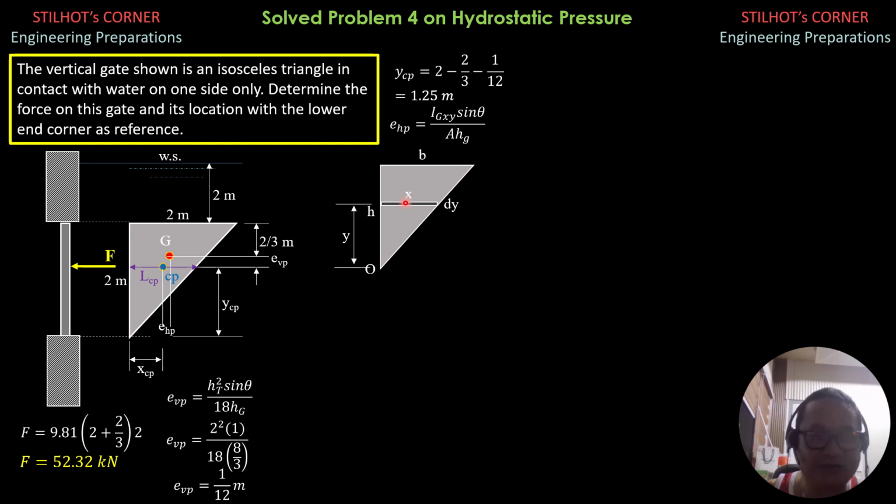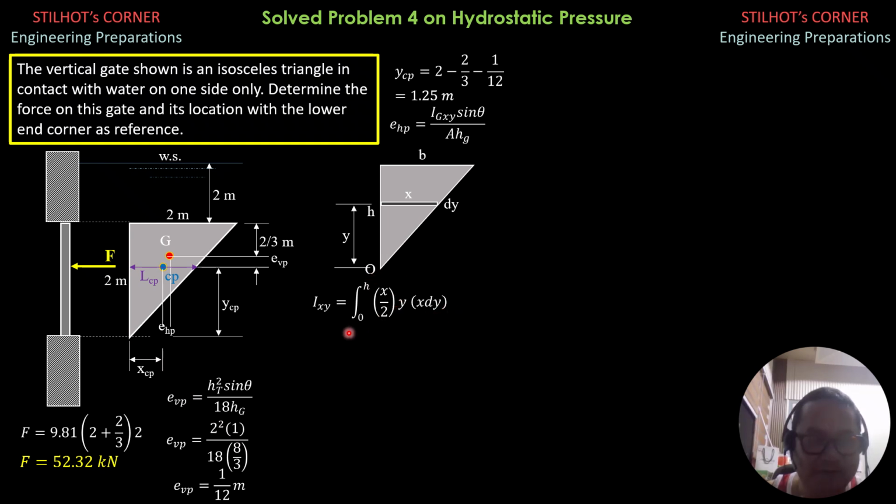So the centroid is here. X, or x sub c, is half of x. Then the distance from the origin to the centroid of that differential area is just y. So Ixy equals the integral of x over 2 times y times the differential area x dy.